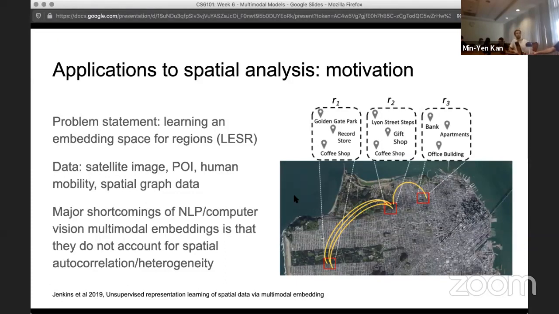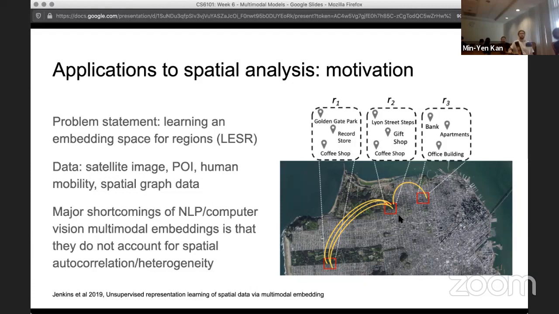bringing an application. I work with spatial data sometimes because I'm interested in urbanization and the dynamics that come with the urbanization process. A common activity is to classify regions of the city according to some categories. More traditionally in geography, you would classify a region as being touristic, residential, or commercial.